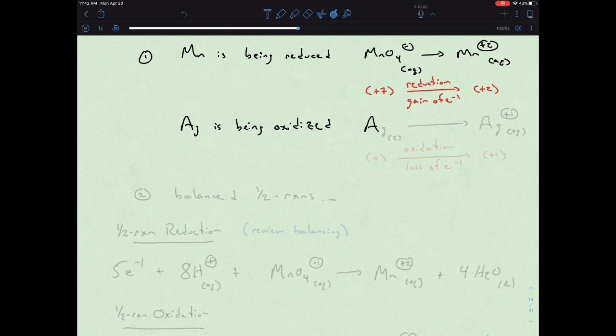So we have our silver in that solid state going to silver +1. That's aqueous. Change of oxidation number going from that 0 state to that +1 state. And so that is our oxidation, or loss of those electrons. So that's really step one, assigning oxidation numbers, figuring out what's being reduced and what's being oxidized.